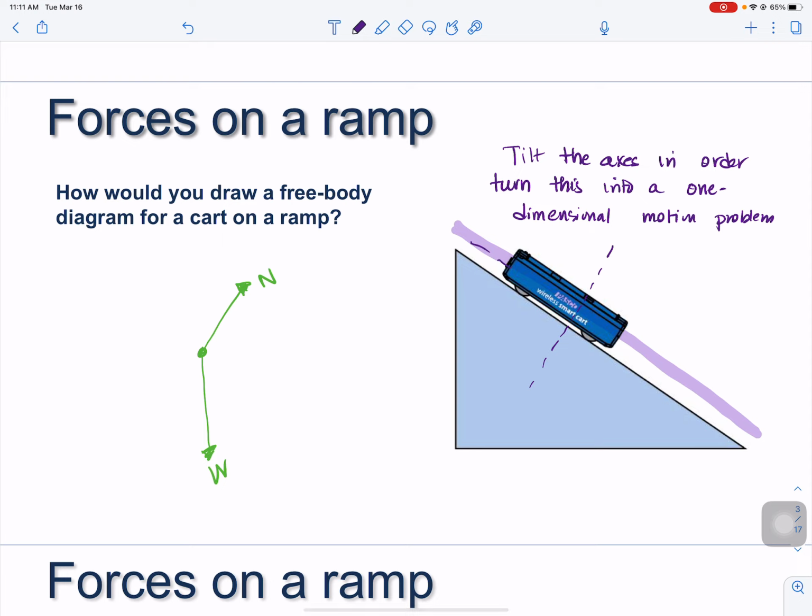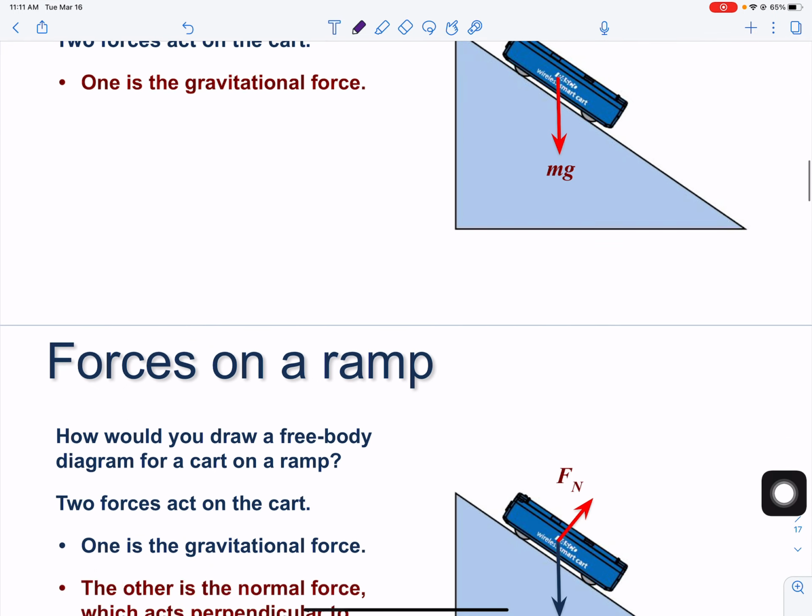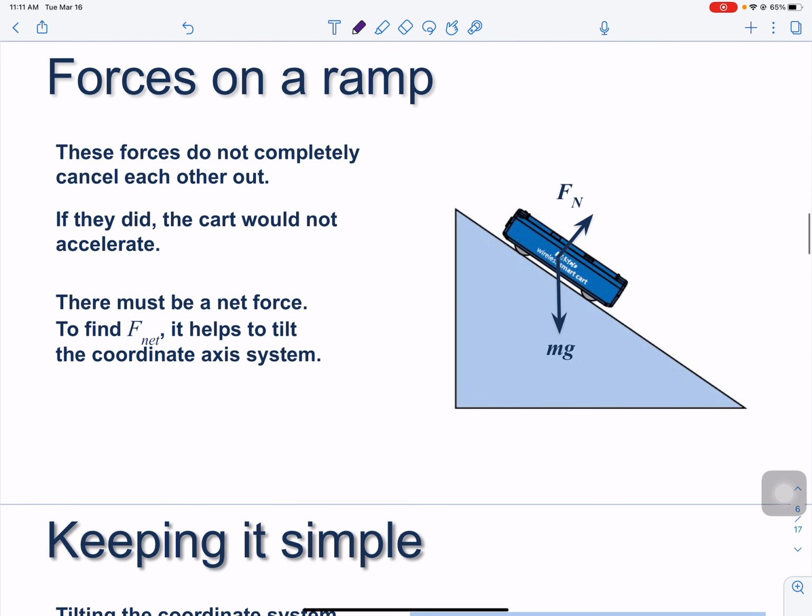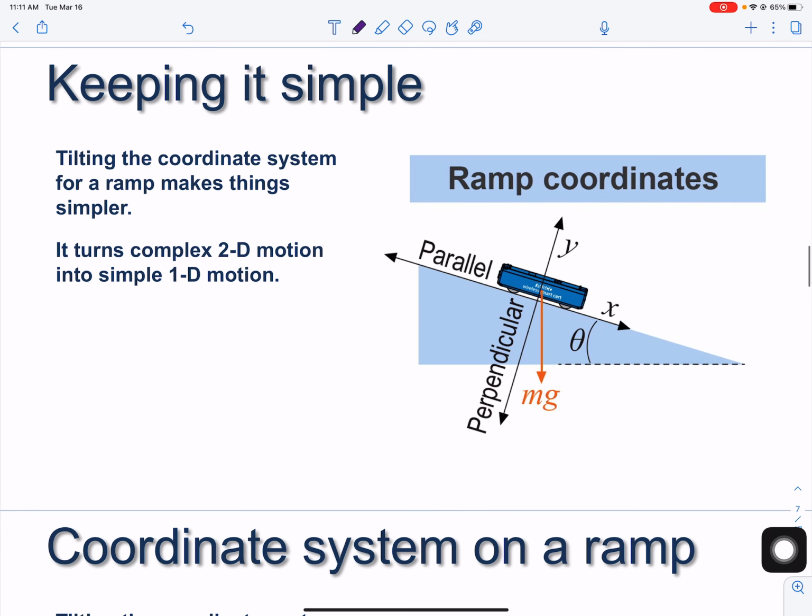We're going to make our axes go this way, and so our motion is only along this axis. All right, so we know that the normal force and the gravitational force do not completely cancel out. Otherwise, the cart would not move, but it definitely accelerates along the ramp. I called this coordinate parallel and perpendicular, but it's just as easy to label them x and y. And so now my motion is only in the x direction.